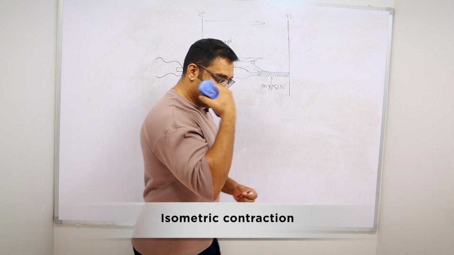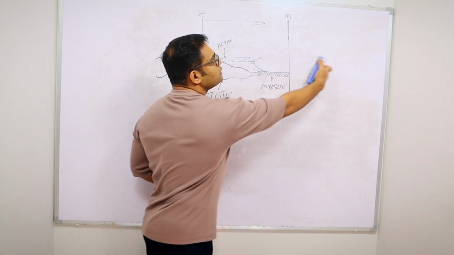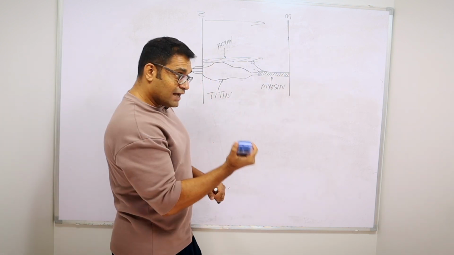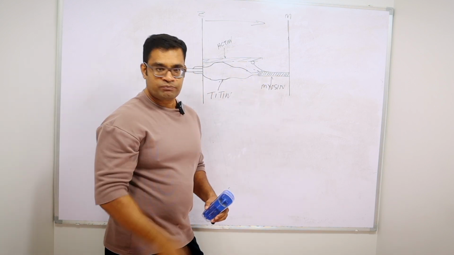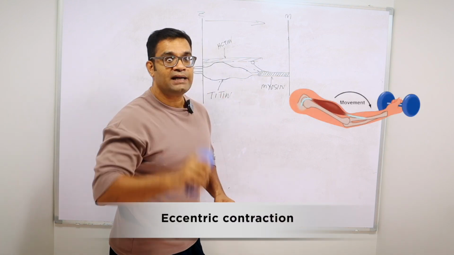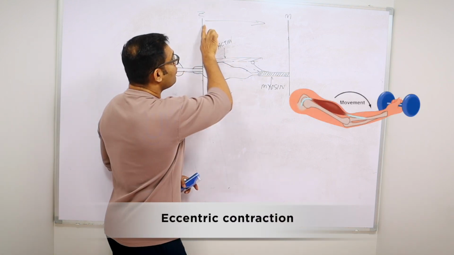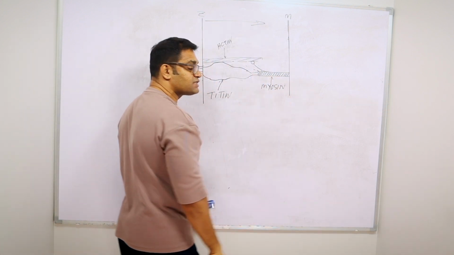Now, eccentric contraction. We learned concentric, pulling towards the M line. Isometric, hitting the actin in the same place. ATP is bursting. Eccentric. Now, what did I tell you? This is a one-way ticket. It will move only to the center of the sarcomere.